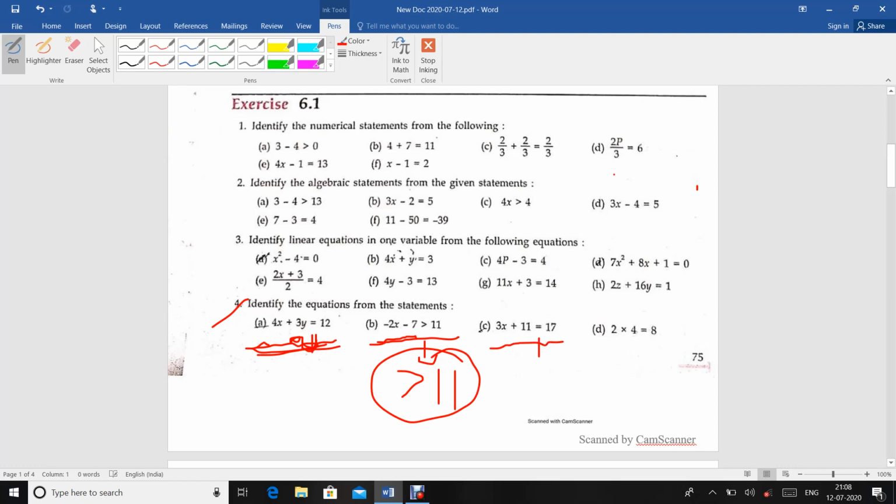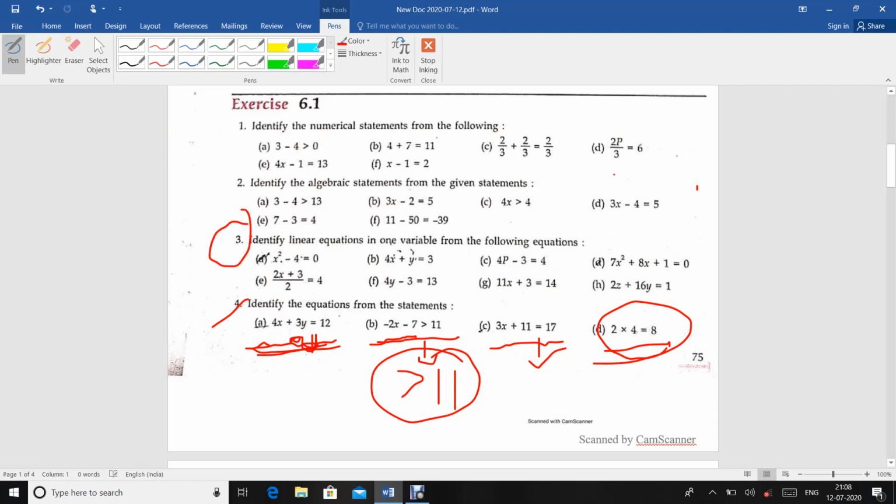Here the sign of equality is present, so it is an equation. 2 multiplied by 4 is equal to 8. It doesn't matter whether it contains any variable or not, if the sign of equality is present in any statement, then it is an equation. So 2 into 4 is equal to 8 is also an equation.